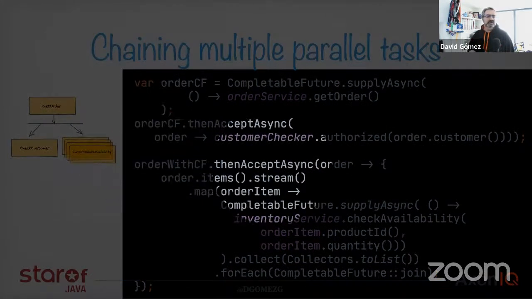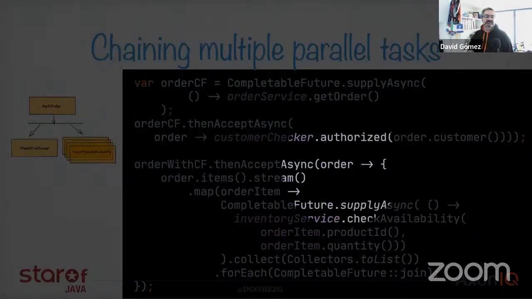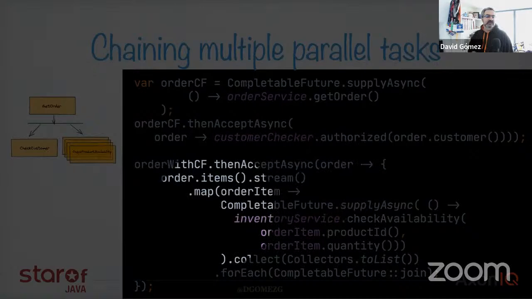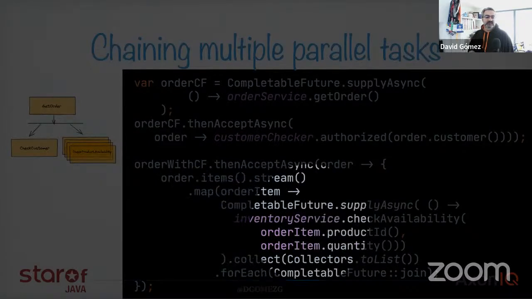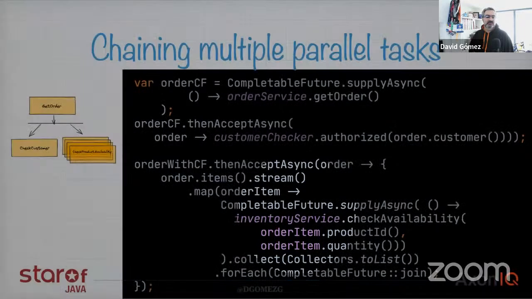We are going to create another task that is going to check the order, and it's going to create a stream for each one of the items included in the order. That stream is going to be mapped, converted into something that is going to provide a CompletableFuture.